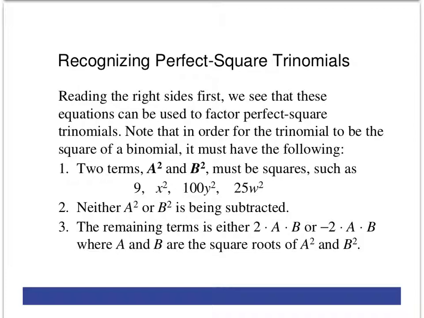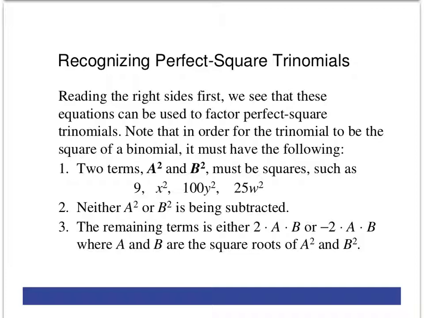For example, 9 is 3 squared, x squared is x squared, 100y squared is actually (10y) squared, and 25w squared would be (5w) squared.